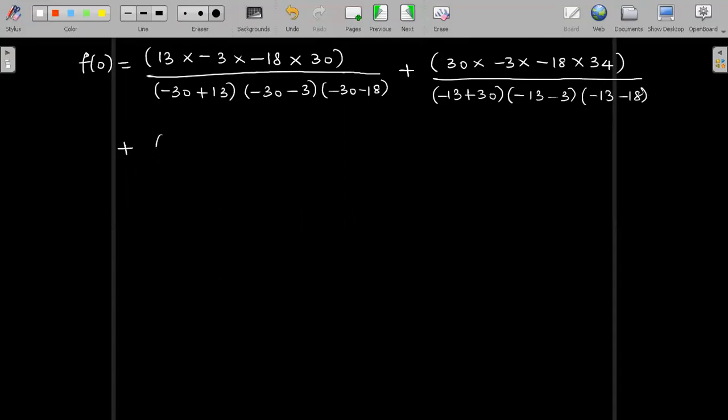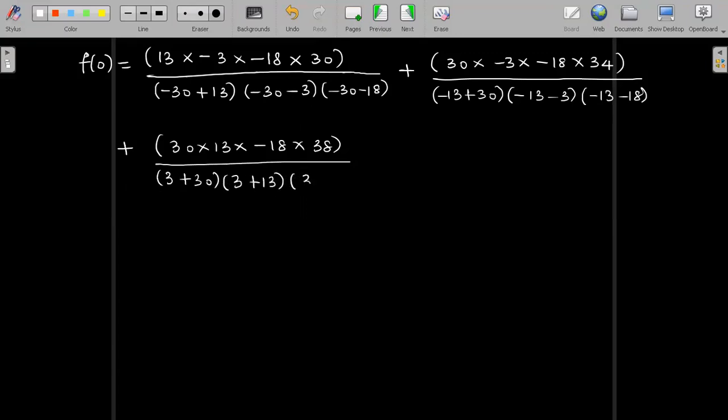Similarly, the third term: 30 into 13 into minus 18 into 38, the whole divided by the denominator 3 plus 30, multiplied by 3 plus 13, and the next factor is 3 minus 18.